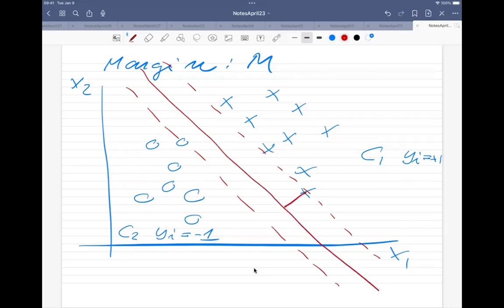So this distance, if we can find this distance here, is called the margin. And here on the decision line or decision surface, we have that y of x is exactly equal to 0. So this margin, the distance between the decision line or decision surface and the nearest lying point x, is going to define the support vectors.